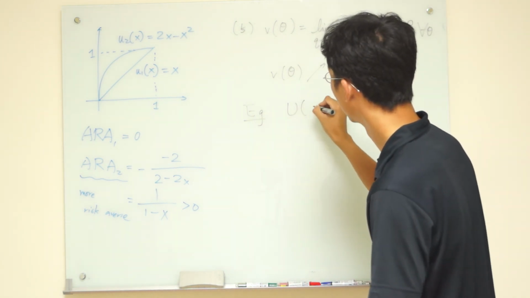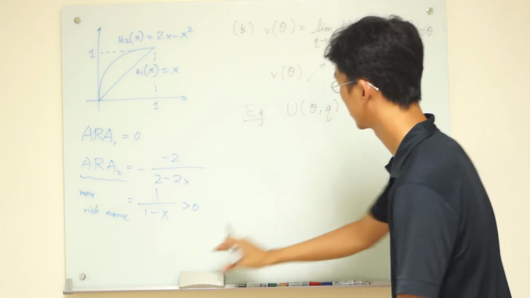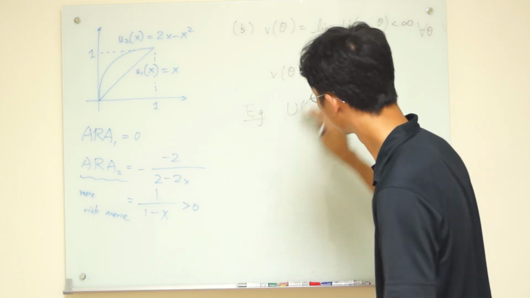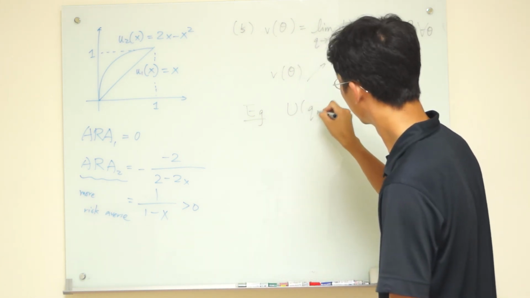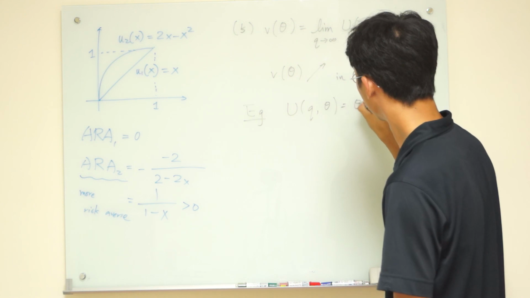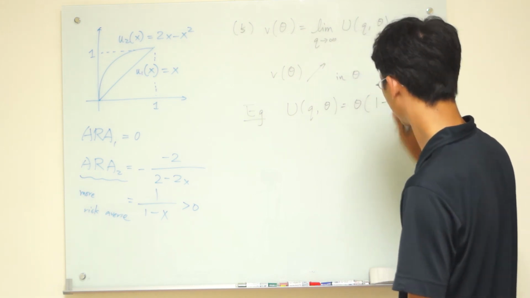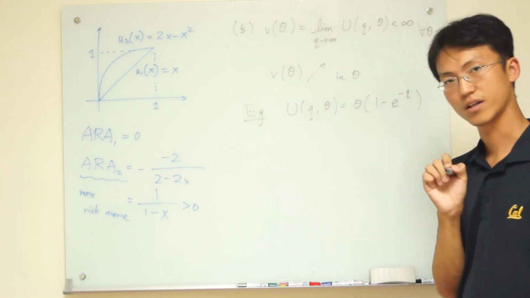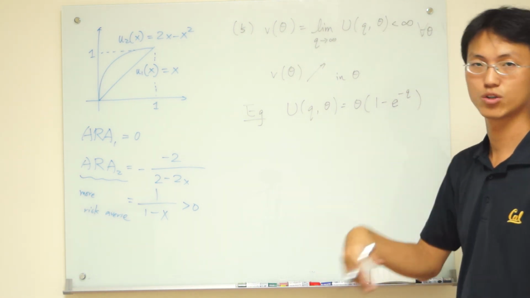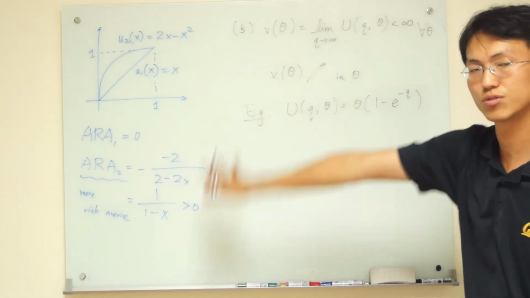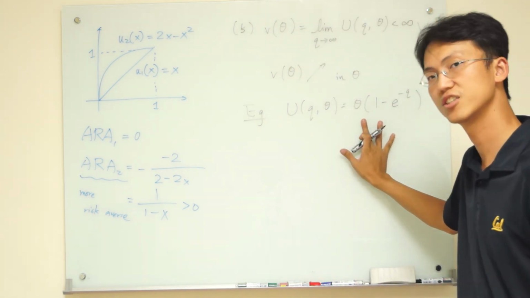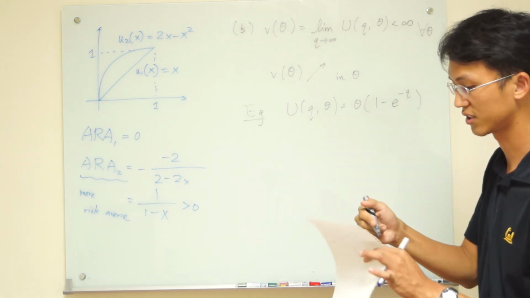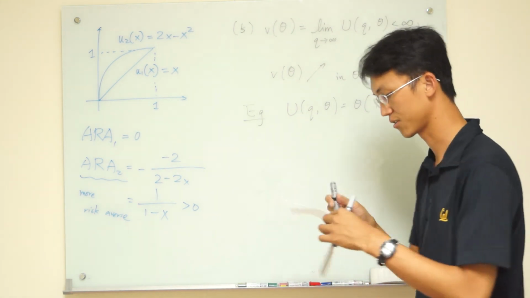It is the following: U of theta, Q is a function of Q and theta like this. You may want to draw figures or do those derivations to show that indeed, this utility function satisfies all the 5 conditions. Not a big deal.